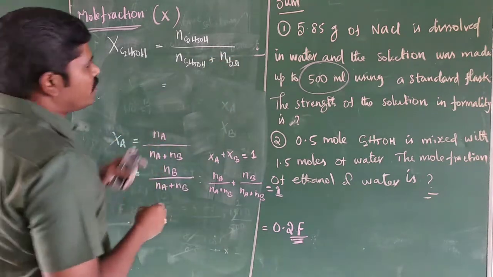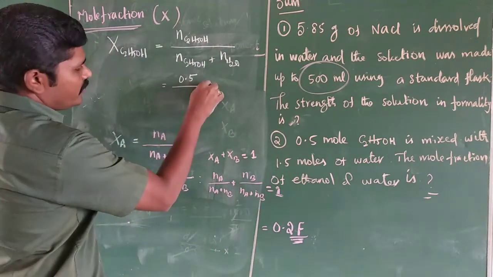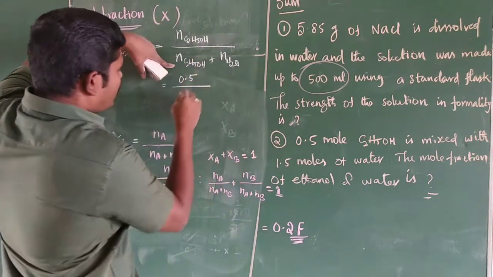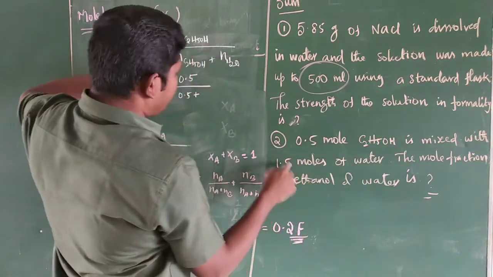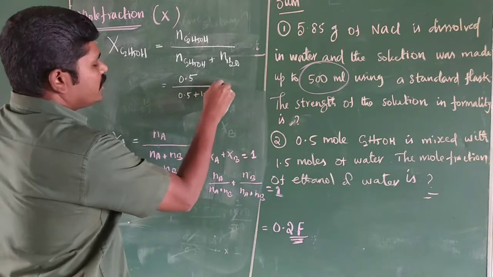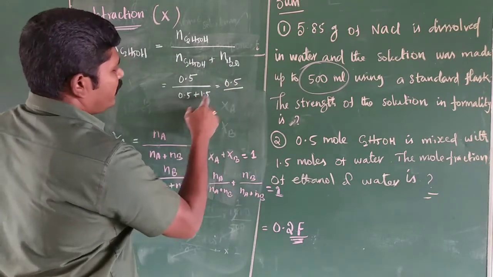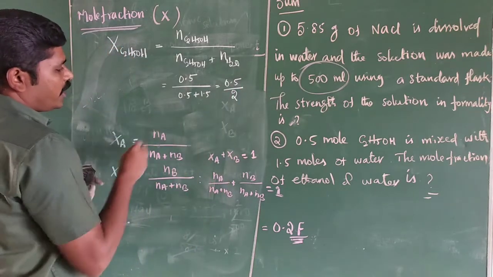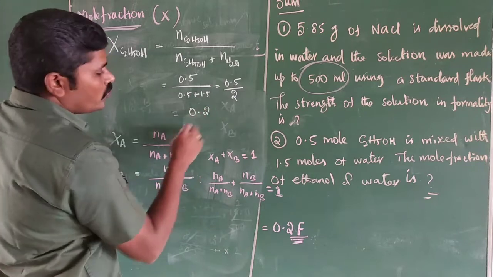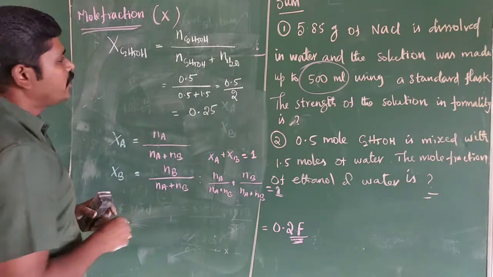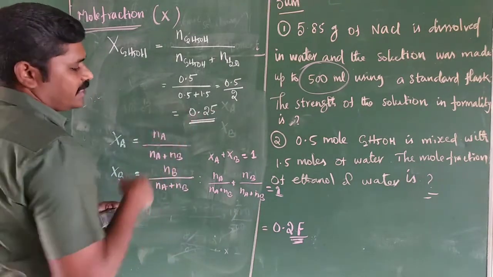That is 0.5 divided by 0.5 plus 1.5, which is 0.5 divided by 2. That is equal to 0.25.